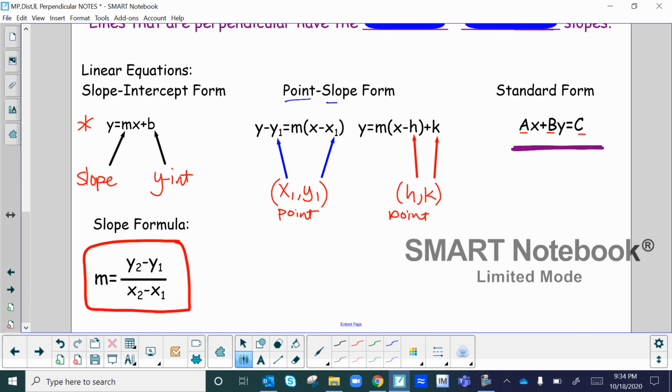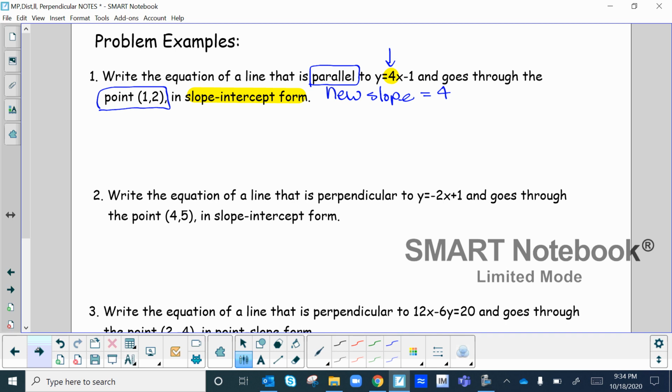See how this says point-slope form? That means you know a point and you know the slope. Therefore, you want to use that equation. So we know a point, which is 1 comma 2, and we know the slope, which is 4. So I'm going to write down our point-slope formula: y minus y1 equals m times x minus x1. This point is going to be x1, y1, and then I'm going to substitute that in.